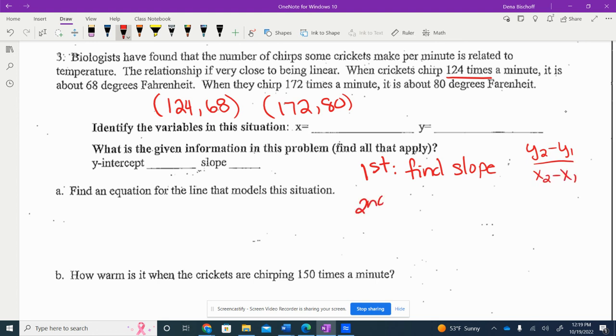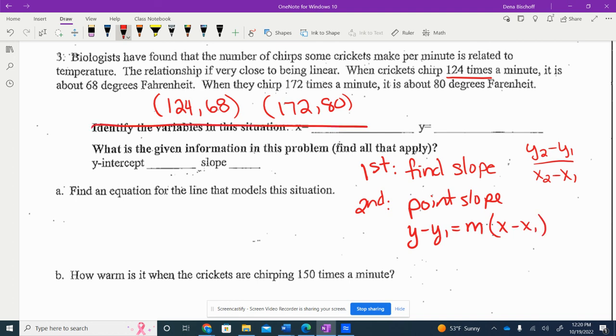What are you going to do second? Put it in point slope form. Y minus y1 equals m times the quantity x minus x1. Okay? I don't really care about this stuff right here. I want you to be able to write an equation and then use it.